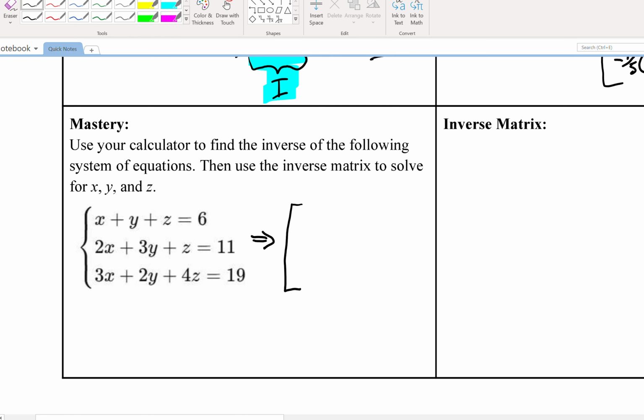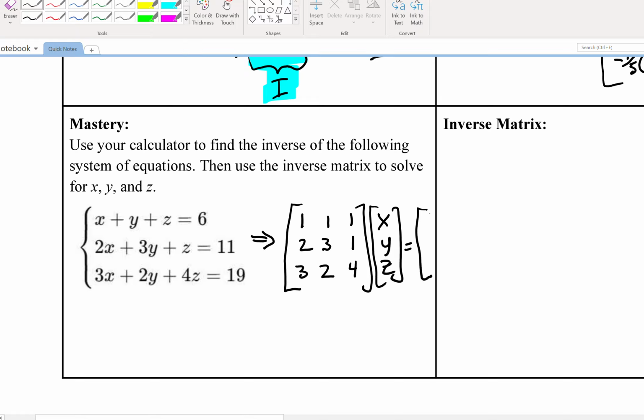So I can go [1, 1, 1; 2, 3, 1; 3, 2, 4], and that gets multiplied by [x; y; z], and that's equal to this matrix [6; 11; 19].